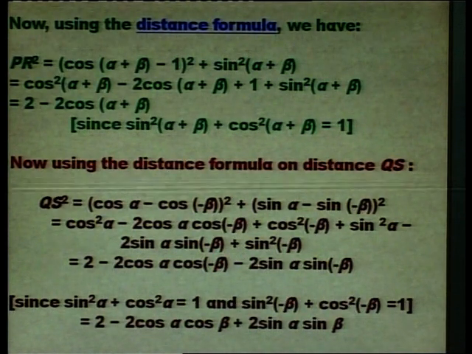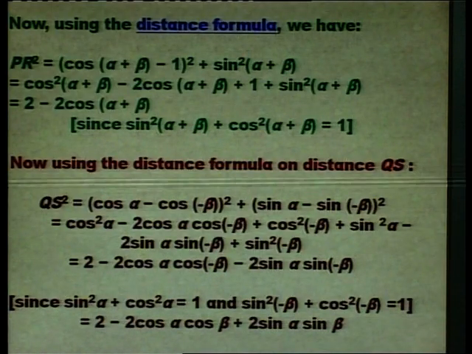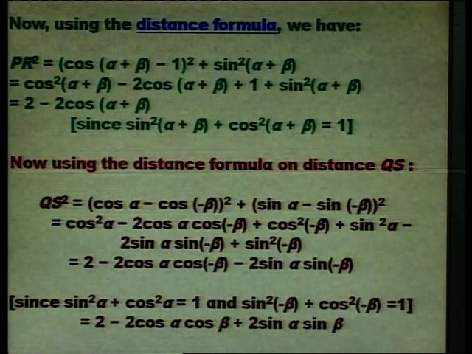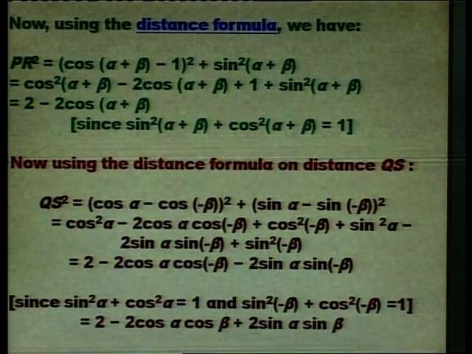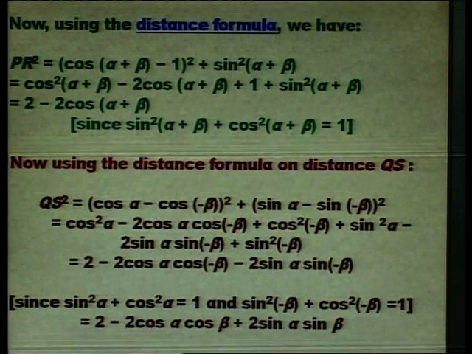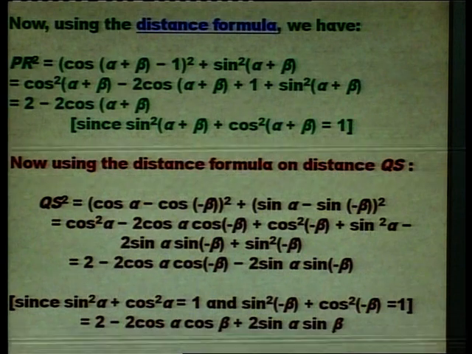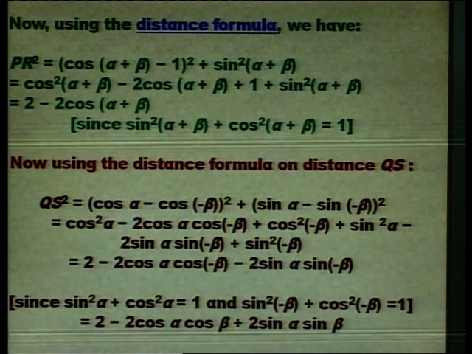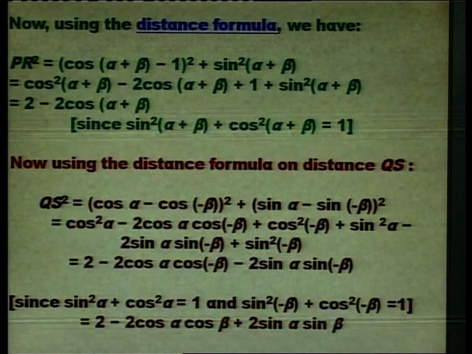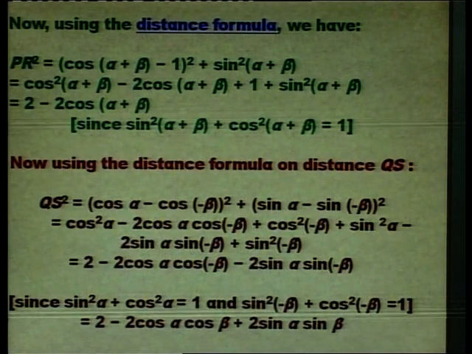If you go through the figure which I have just shown you, then PR square, using the formula of geometry for the distance between 2 points whose coordinates are (x1, y1), (x2, y2), is given by cos of alpha plus beta minus 1 whole square plus sin square of alpha plus beta.